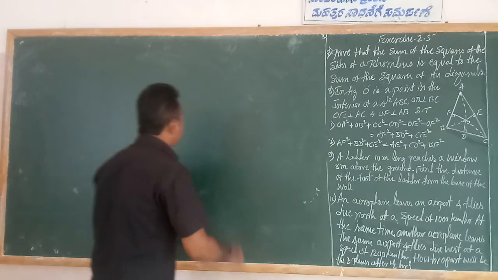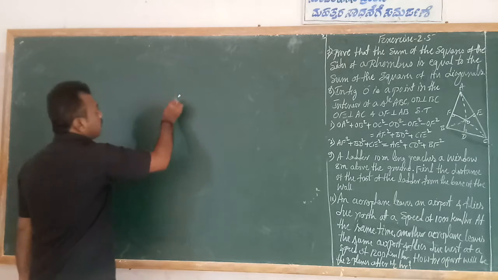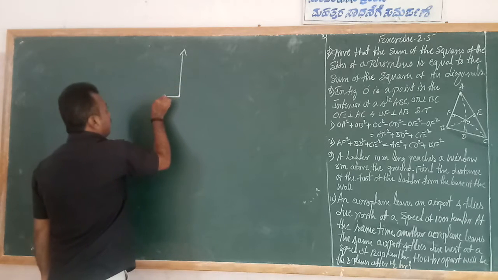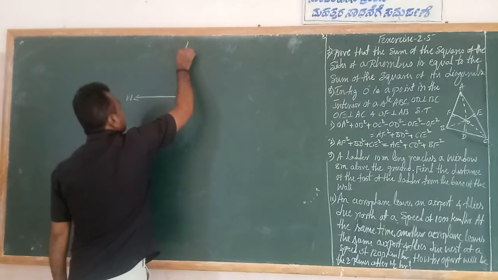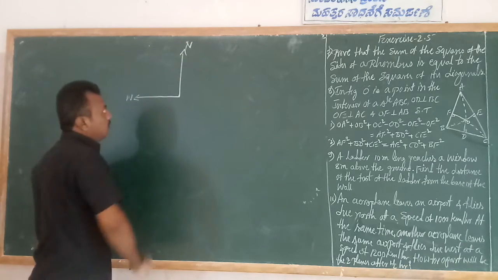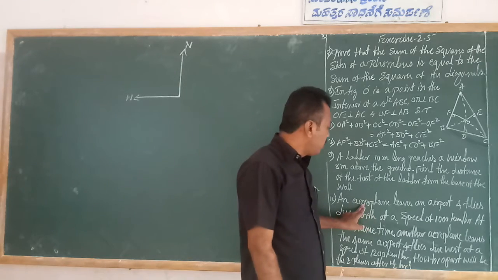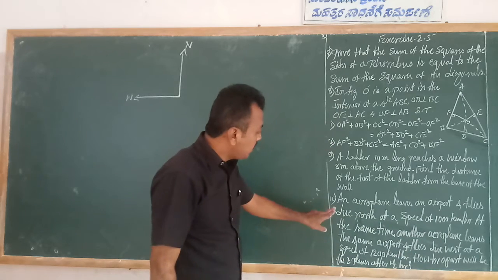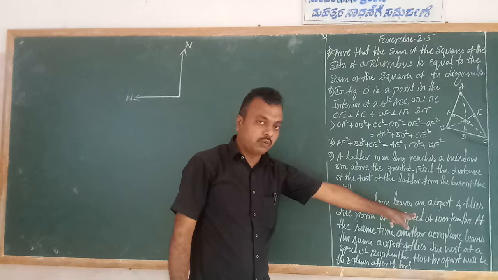See students, this is the airport. One plane flies to the north side and another flies to the west side. This is north, this is west. An aeroplane leaves an airport. The first aeroplane flies due north at the speed of 1000 km per hour.